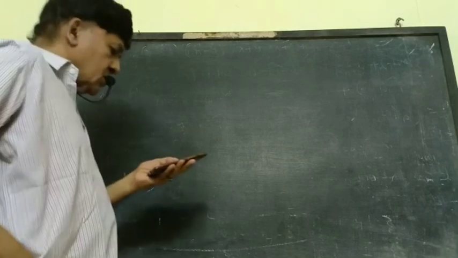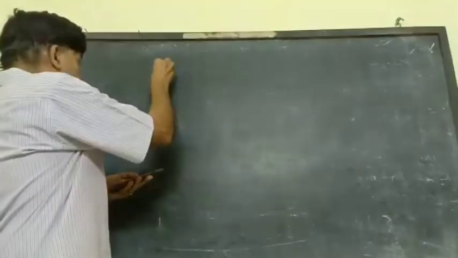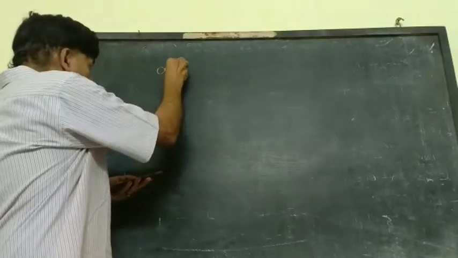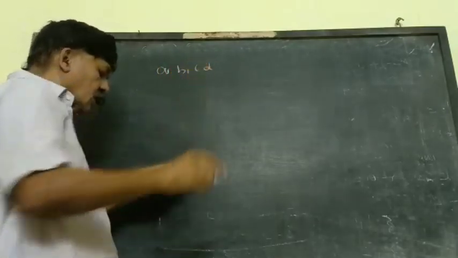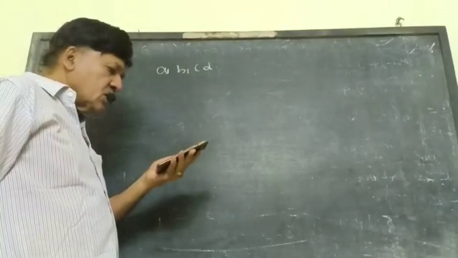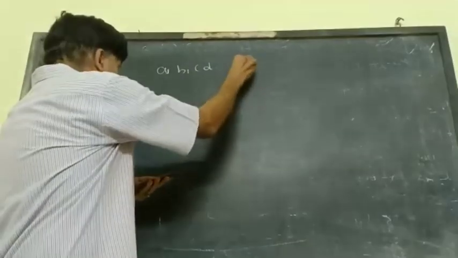See, the next question is: A, B, C, D are 4 distinct real numbers which are in AP.